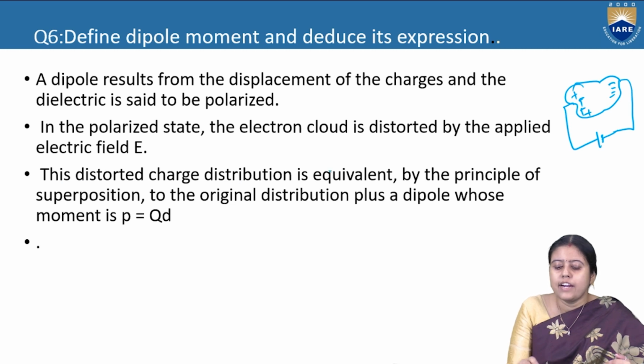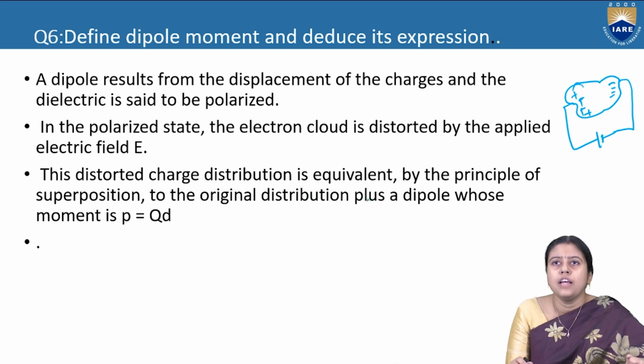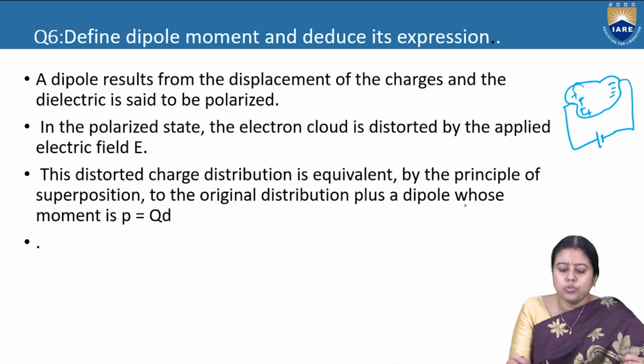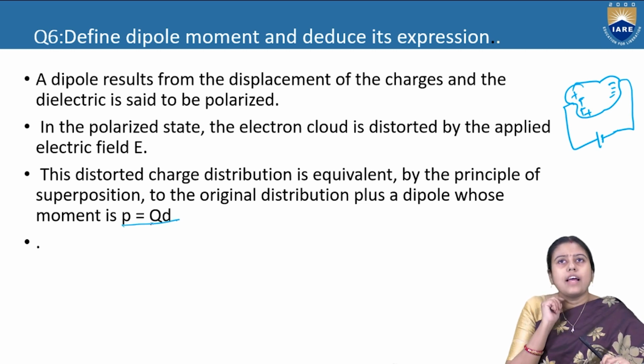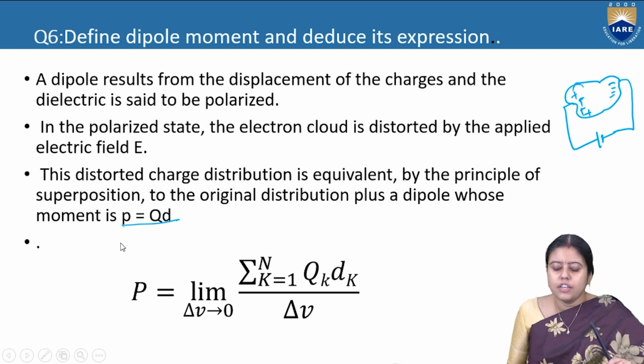The distorted charge distribution is equivalent, by the principle of superposition, to the original distribution plus a dipole whose moment is P is equal to QD. So what is the dipole moment? Dipole moment is P is equal to QD.